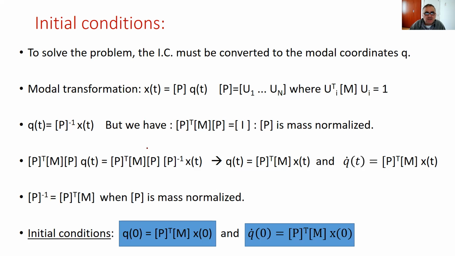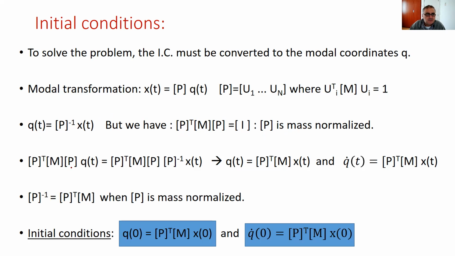And for that, we again use the modal transformation, x equals Pq. P is the modal matrix where the mode shapes are normalized. Well, the back transformation is, if this is P, it should be P inverse, okay? Well, you can just take the inverse of P, but there's an easier way. We know that P transpose M P is an identity if P is mass normalized. Okay?